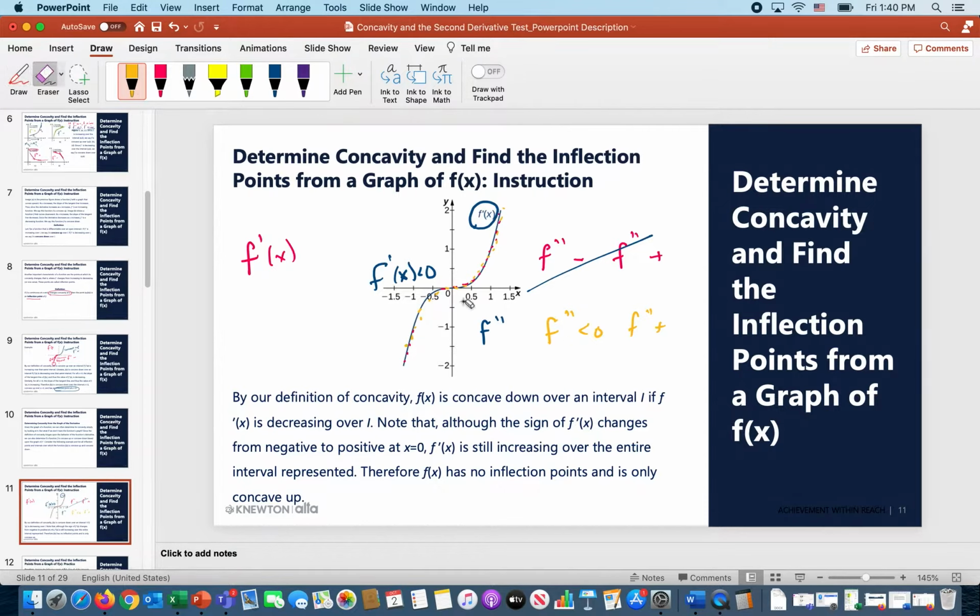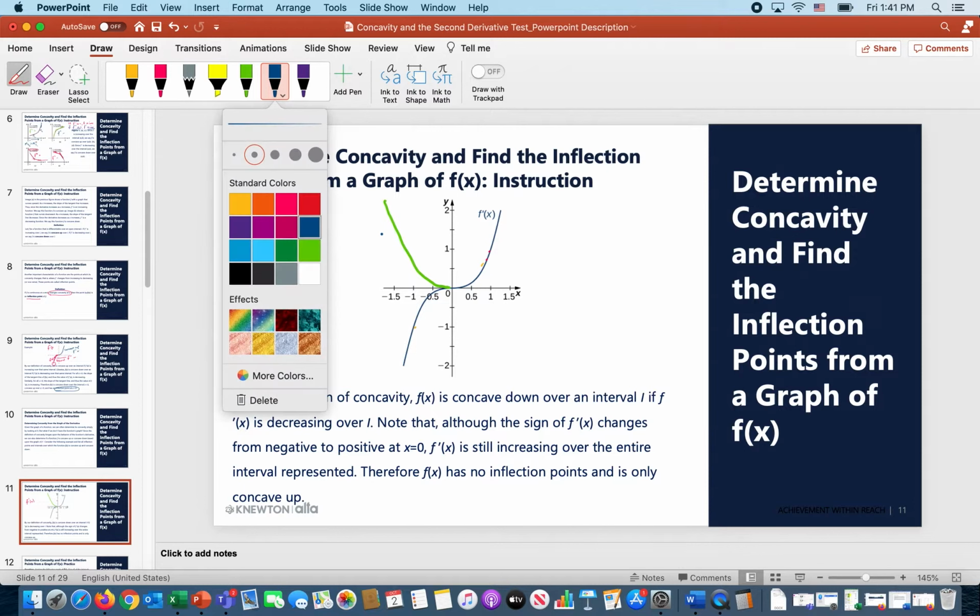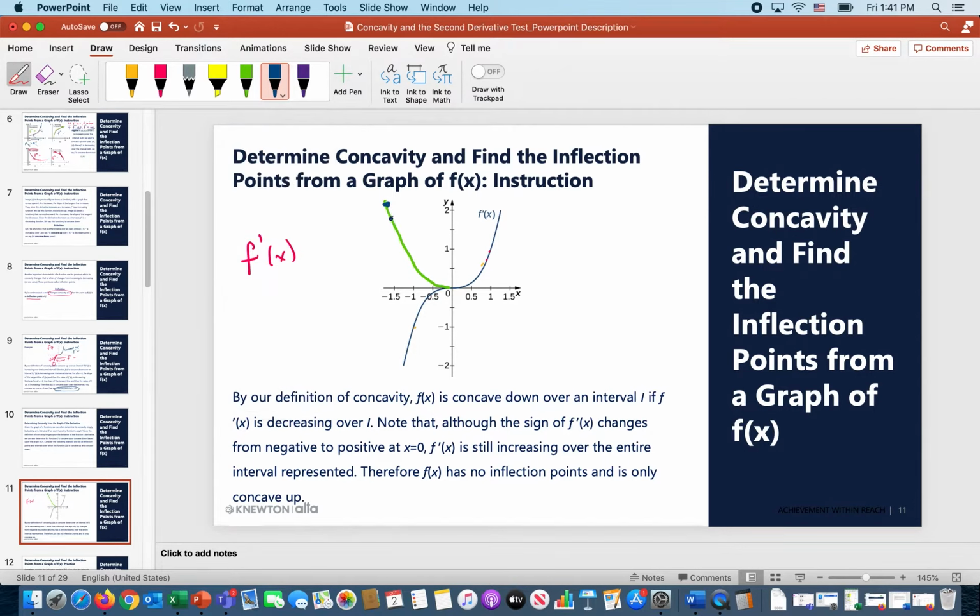Let me just draw what it would look like if there was a change in concavity. In this function that I'm going to draw in green, you can see that the tangent lines right here are decreasing in value, okay?